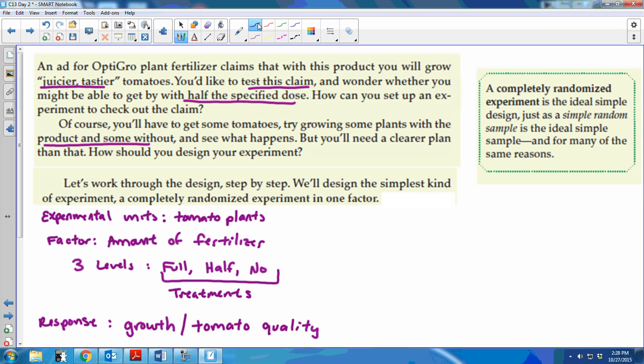So if you're going to design an experiment, let's say we have 30 tomato plants at our disposal. And if I'm going to draw a diagram, I have 30 tomato plants.